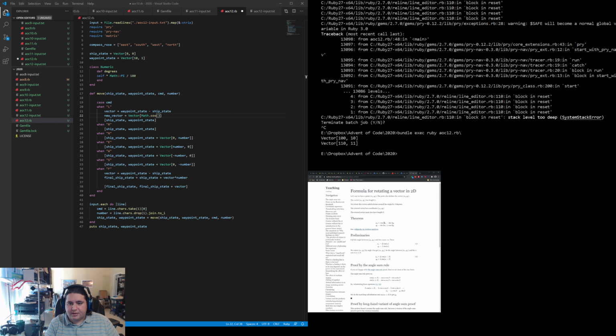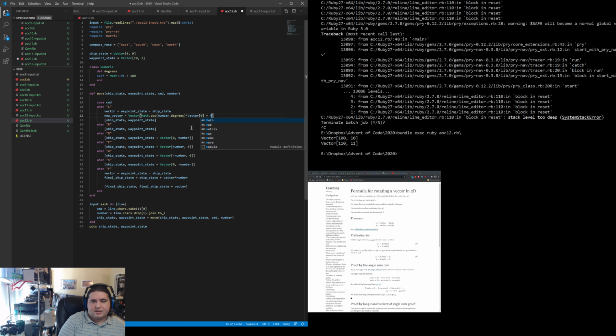Beta should be the angle we're rotating over, which should be number dot, we're going left, which is the positive direction, so it should be number dot degrees times vector dot at the 0th point plus math dot sine number dot degrees.